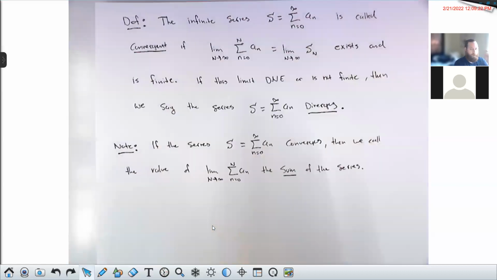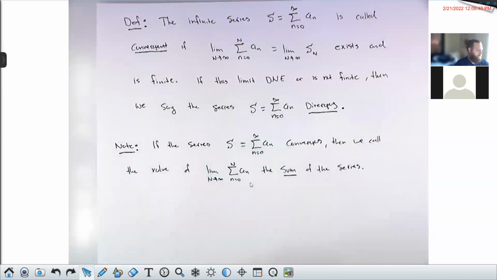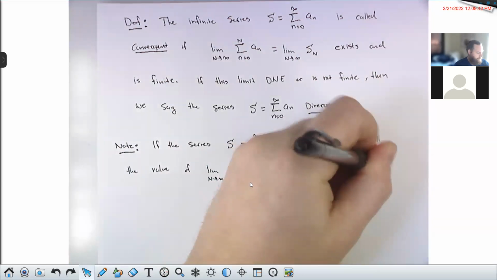It's what you get when you actually add up all the terms. So remember, this thing is equal to this thing. Look back at the blue box definition from the previous page. The full infinite series is defined to be the limit of this guy.